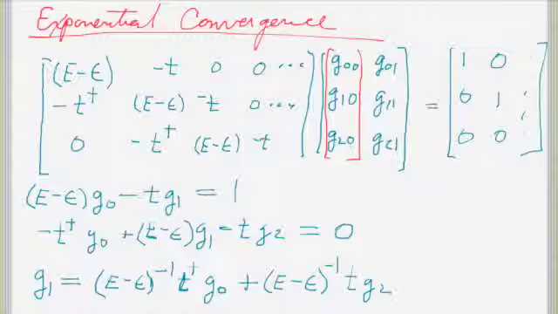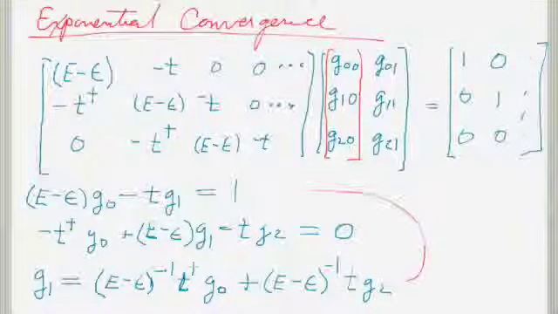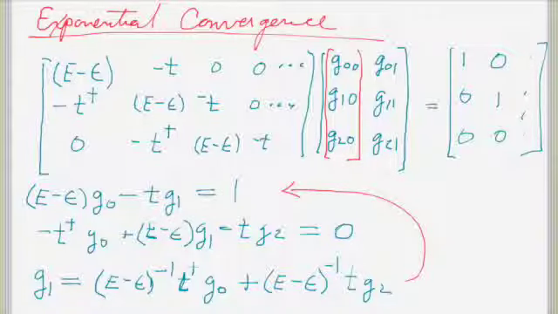And so then we take this and substitute it back into the top equation. So I'm going to take this equation and put that back into there, and I'm going to get an equation relating G0 to G2 with some renormalized hopping elements and some renormalized site energies. So let's do that.